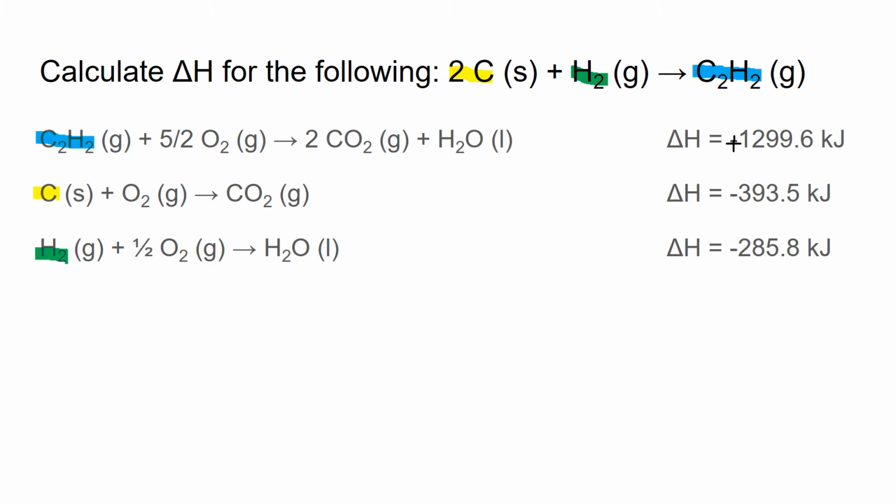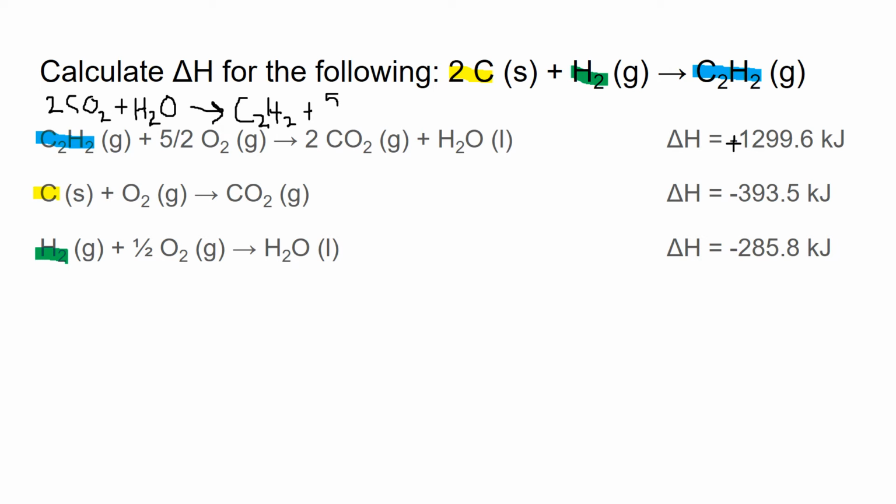If you want, do a quick rewrite of the equation for yourself, because sometimes if you keep staring at it in the same order, you forget that you've flipped it, and that's not good. So we have C2H2 and then 5O2.